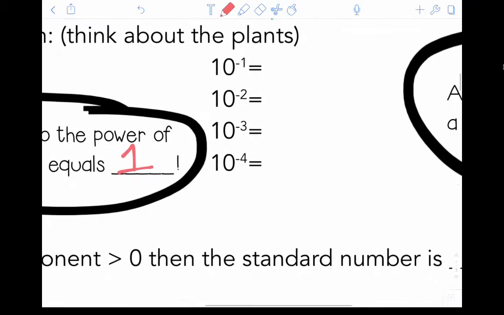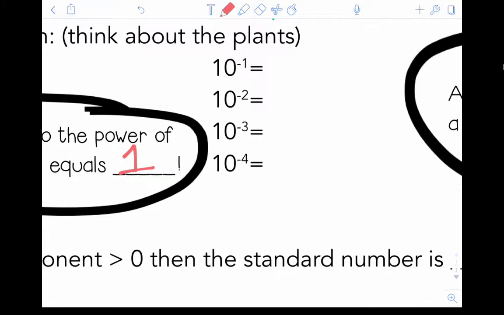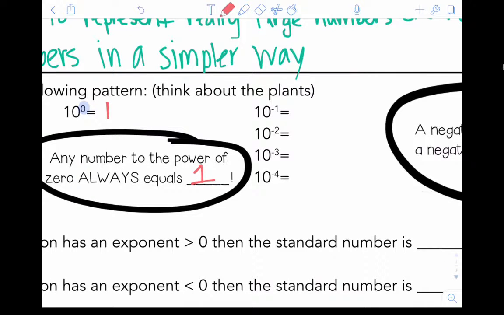All right, going on to negative exponents. As I continue moving down my pattern, I'm going to continue dividing by 10. So 10 to the negative first is 1 divided by 10. 10 to the negative second is 1 divided by 100. And then 1 divided by 1,000. And 1 over 10,000.